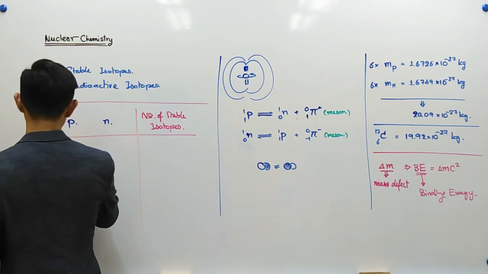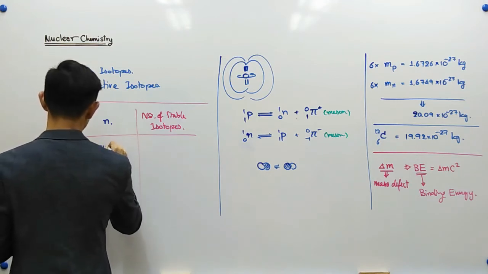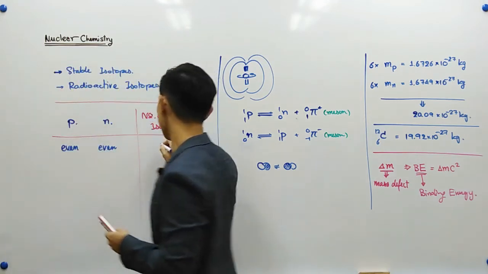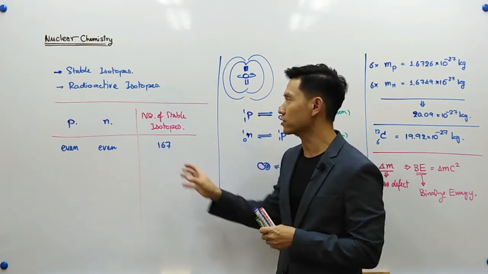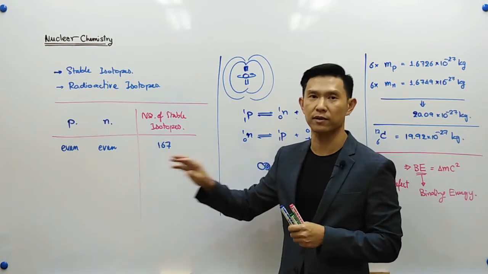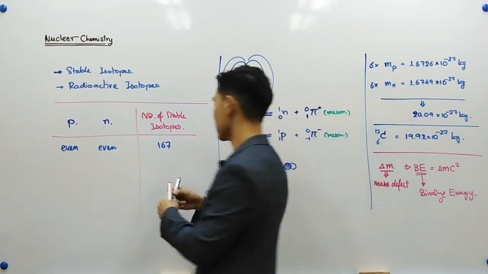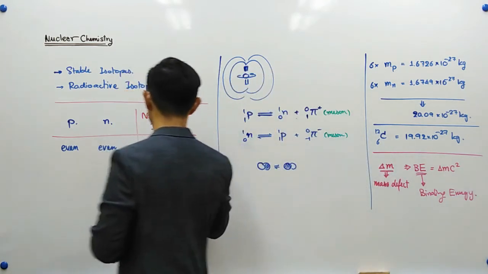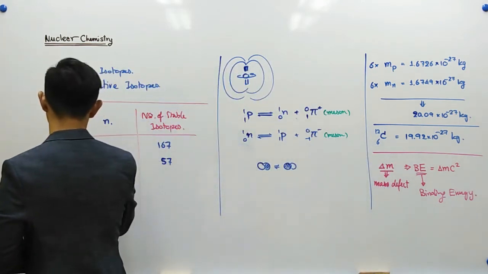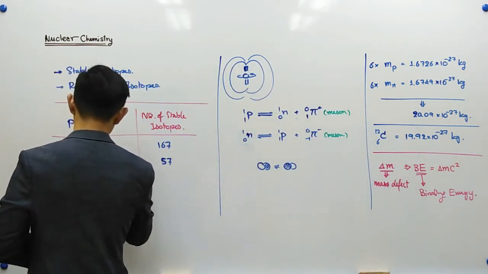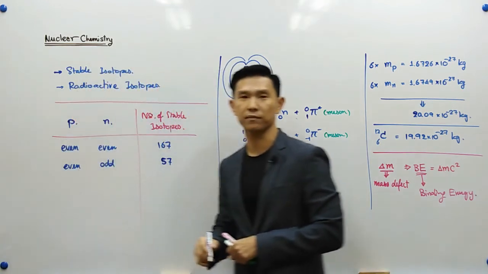the isotopes with an even number of protons and an even number of neutrons, there are about 167 stable isotopes composed of even protons and even neutrons, and about 57 stable isotopes that contain an even number of protons but an odd number of neutrons.